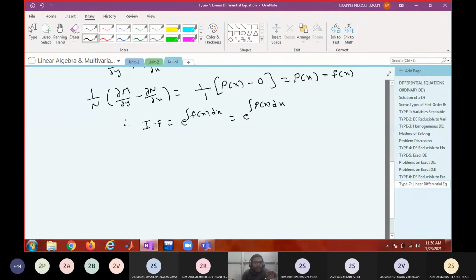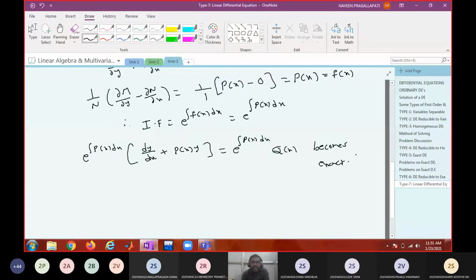Therefore, e power integral f of x into p of x into dx multiplied with dy by dx plus p of x into y equal to q of x becomes equal to e power integral p of x dx into q of x, which becomes exact.